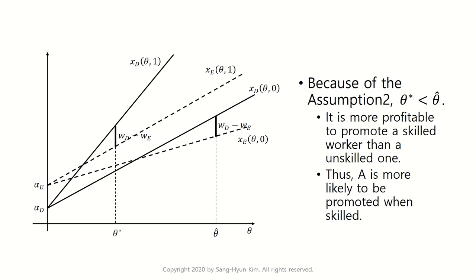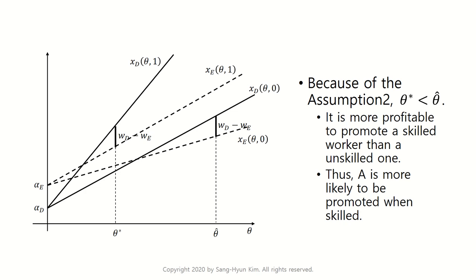So we have these x graphs, right? We have xd and xe, which are all increasing with a fixed slope, and xd minus xe is wd minus we, whatever wd minus we is, for some fixed number.